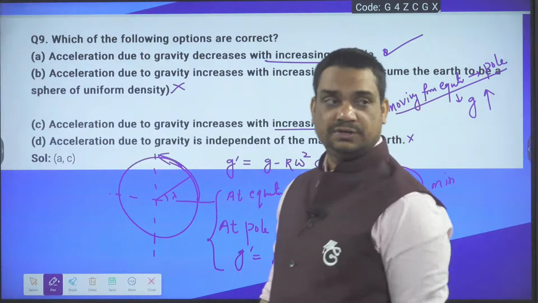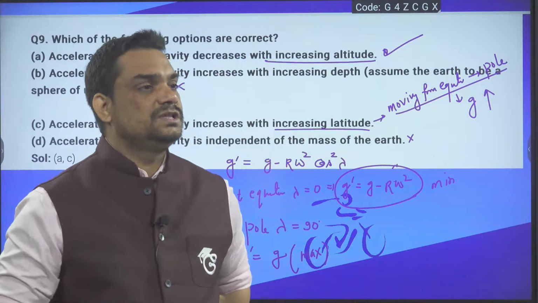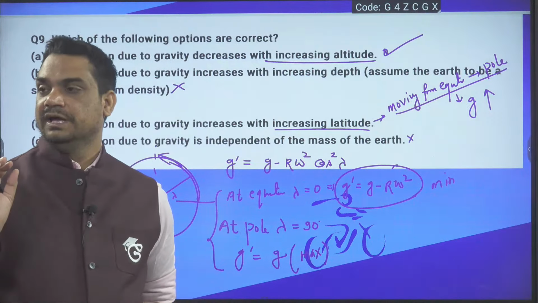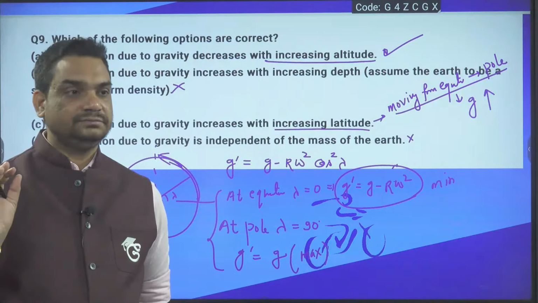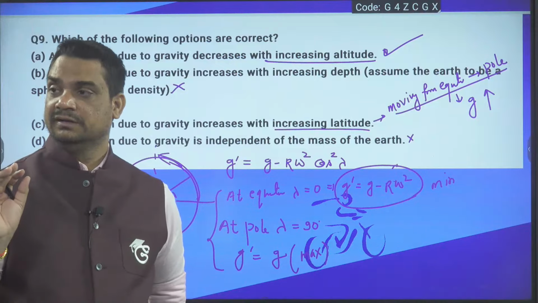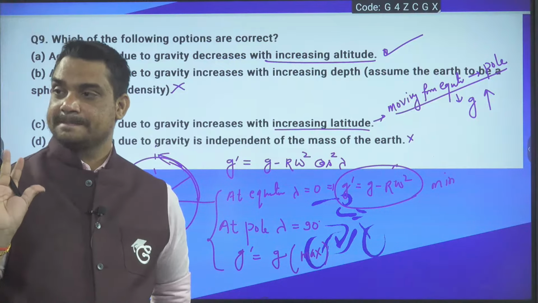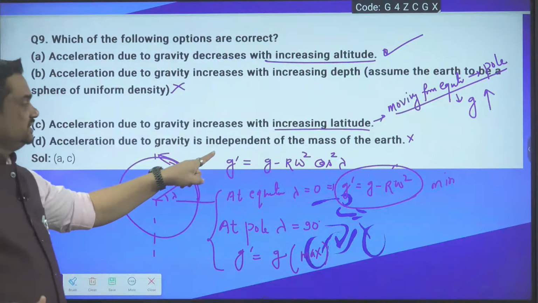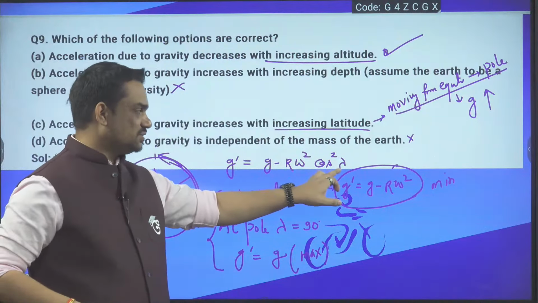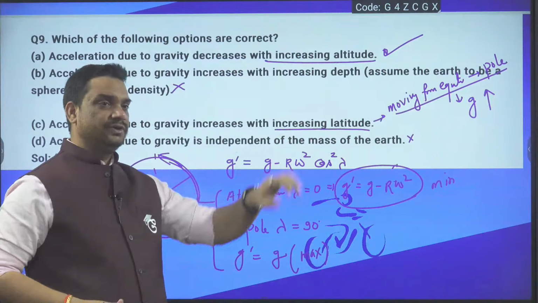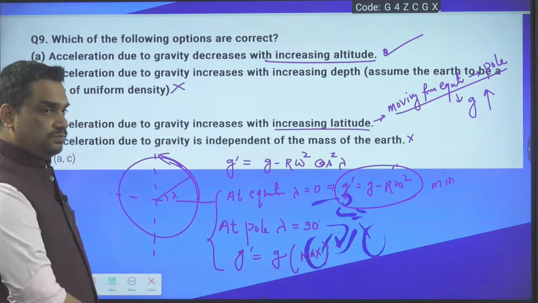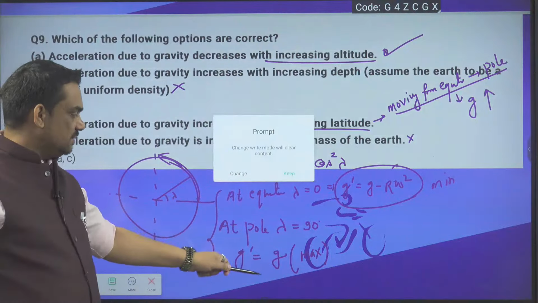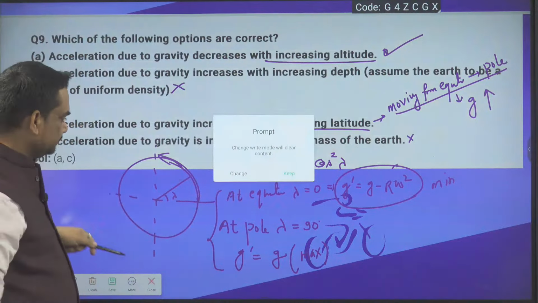So acceleration due to gravity increases with increasing latitude. Clear? Any problem? Remember this formula also, g dash equals g minus R omega square cos square lambda, and moving from equator to pole, g will increase. Maximum value is at the pole, minimum value at the equator.